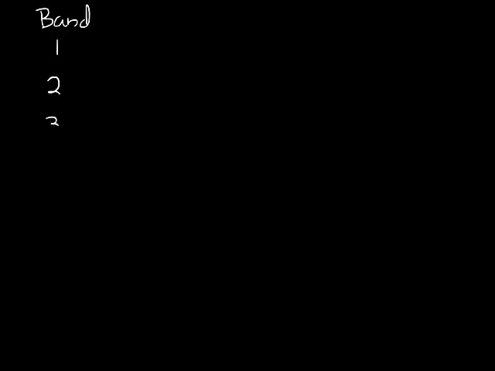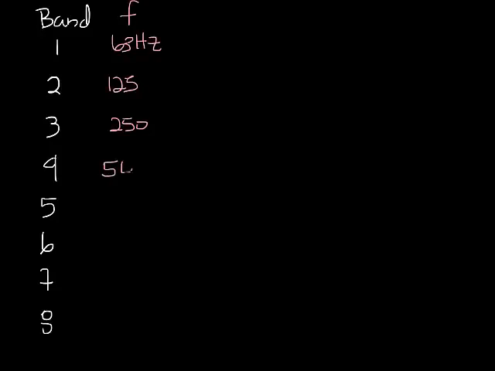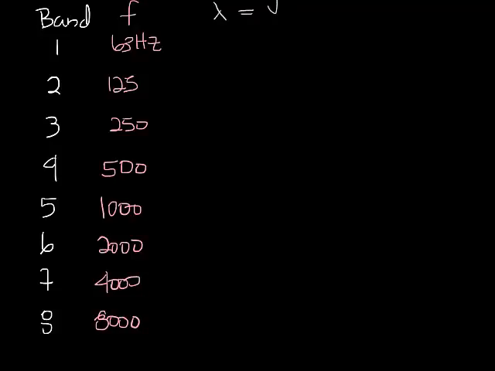Let me redraw the octave bands and their frequencies. And then let's add a column for wavelength. The wavelength of a sound wave is its velocity divided by the frequency. The velocity of sound is 1126 feet per second.